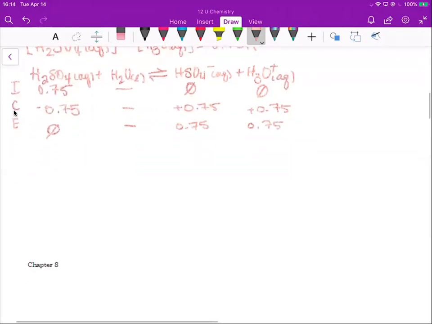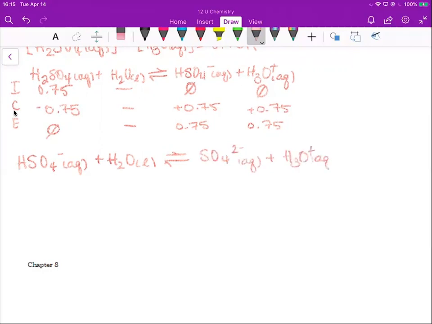Now, what's going on with Ka2? Well, HSO4- has another hydrogen that's capable of being lost, so that you're left with just the sulfate ion in solution. Let's fill out the ice table with the information that we have.